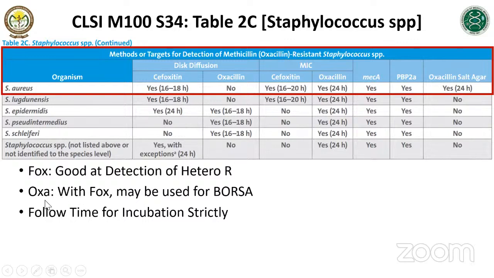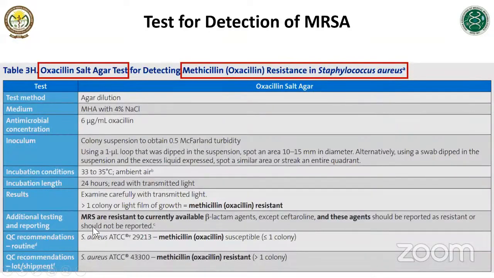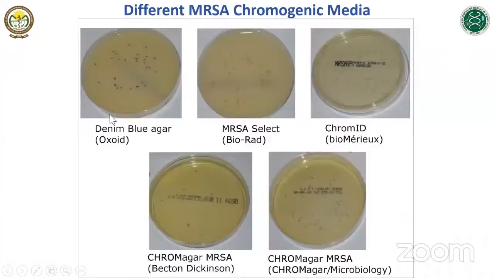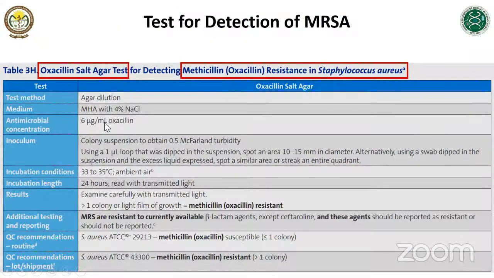For oxacillin, if we use oxacillin along with cefoxitin, it may be used for the detection of BORSA also, because in BORSA it will be cefoxitin susceptible but oxacillin resistant, and we have to follow the time of incubation very, very strictly. When it comes to Table 3H of the M100 document, the oxacillin salt agar test. In this case, we are using 4% NaCl, and the amount of oxacillin is 6 microgram per ml.